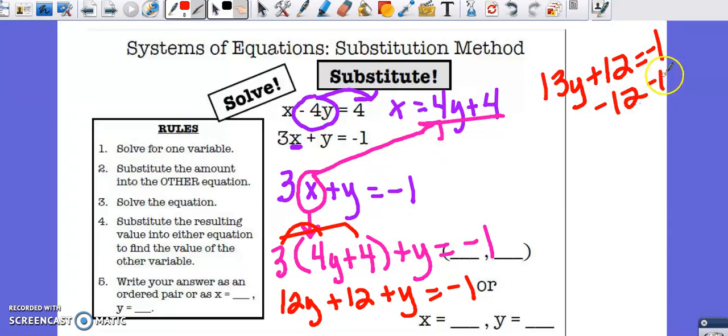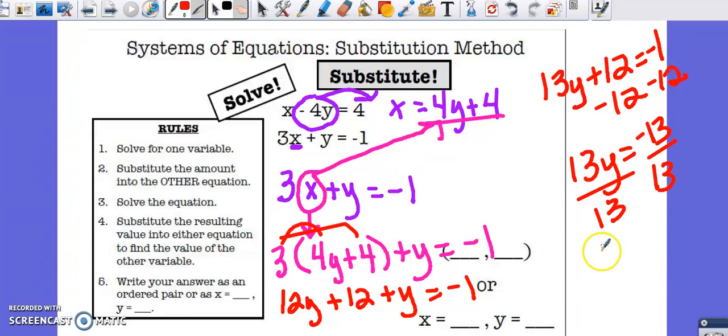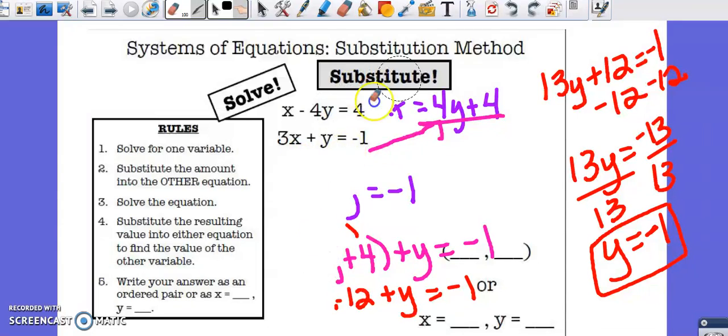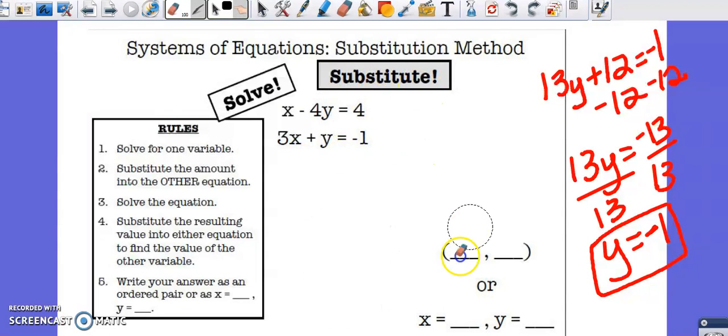Subtract 12. 13y equals negative 13. Y equals negative 1. So now I know one of my coordinates. I know that y is negative 1. Now the next thing you can do is you can just pick either equation to substitute it in.